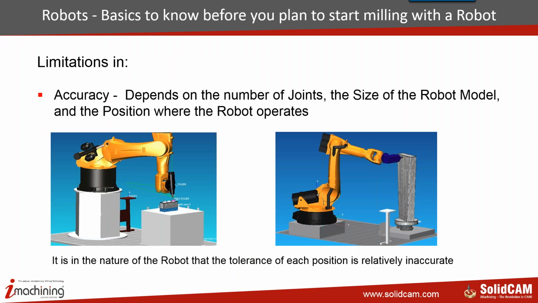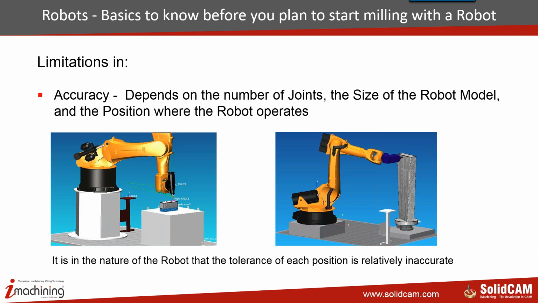We have to be sure that you know that there are some limitations in accuracy. It depends on the number of joints, the size of the robot model, and the position where the robot operates, that we have a limitation in accuracy. On the left side, you see a robot which looks more solid, and the place where it operates is closer to the base, and the angles of the robot are closer.